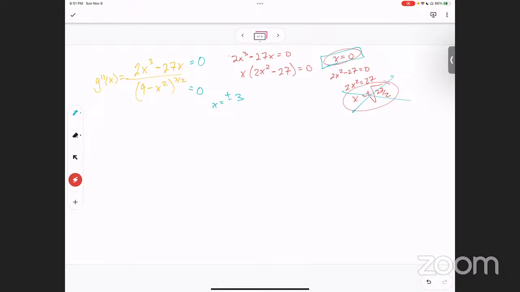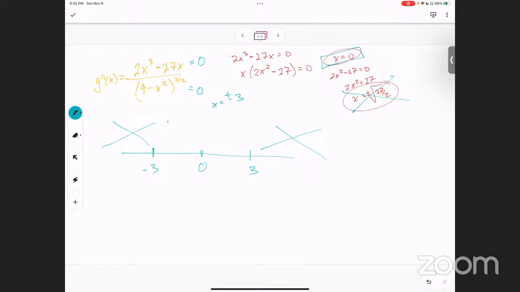So it's just plus or minus 3, but do I even have to consider those? Well, I kind of do. I kind of leave those in there, right? Because those are going to be my endpoints. So here's -3, here's +3, here's 0. Those are the only things I have to worry about. And I don't have to worry about this, and I don't have to worry about that, because those are not part of my domain, right?